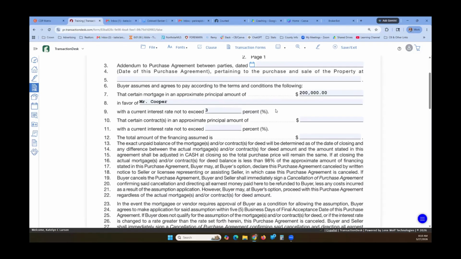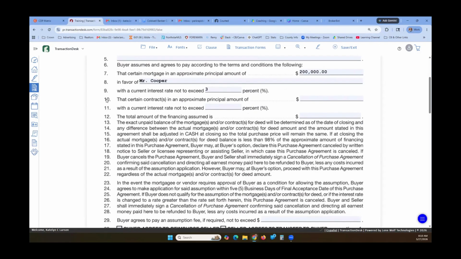Then line 10 and line 11 and line 12 are talking about contract for deeds. 99% of the time when you fill out this addendum, line 10, 11, and 12 are going to be zeros. Because most of the time there is not a contract for deed on the properties that we're selling anymore.